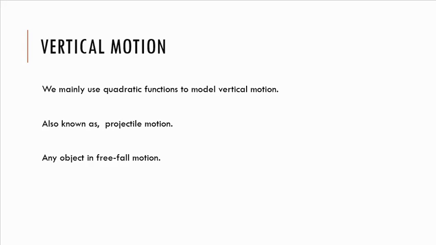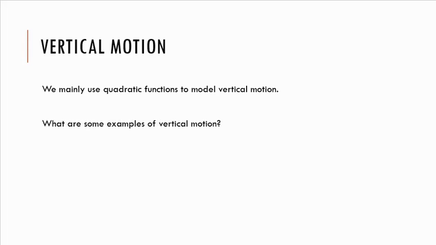So if you were to launch something at a certain angle and it's going at a certain speed horizontally and vertically, that's more projectile motion. When we talk about vertical motion, we're more thinking about any object in free fall motion, so going literally vertically in motion. So something falling from a tree or something being shot straight up in the air, things like that. We're mostly looking at the vertical component of its movement.